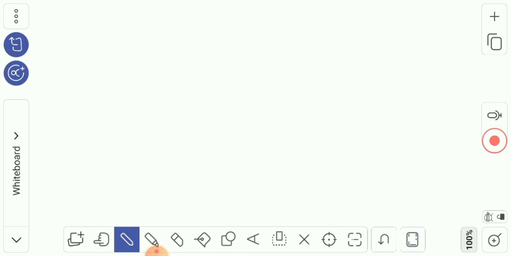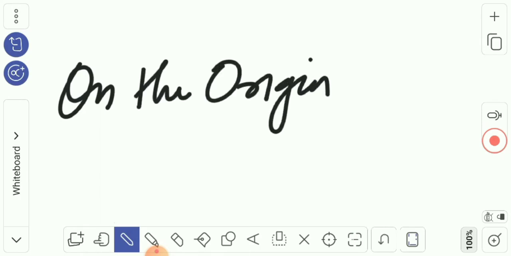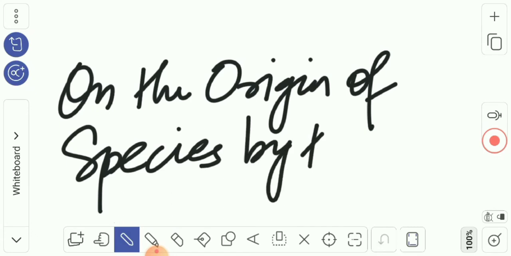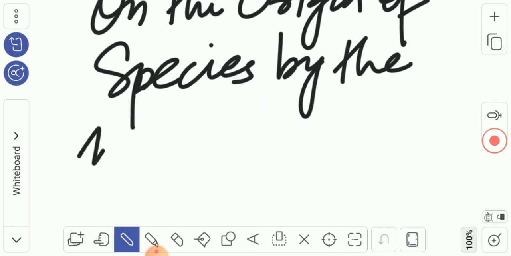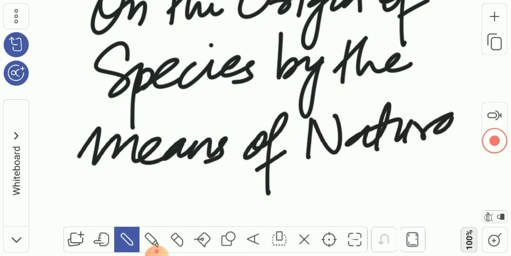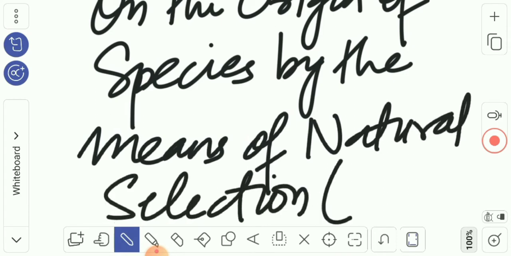And this was given by Darwin in his book called On the Origin of Species by the means of natural selection. This was the name of the book, and it was given in 1859.